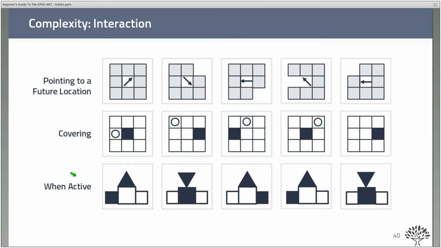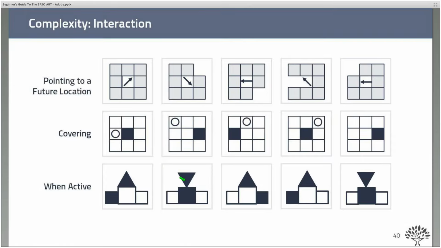And when active is another final interacting rule that I want to discuss. So here we have a simple sequence where this black square moves from the left to the right and then resets back to the left. However, every time it moves into the big black square, the triangle flips upside down. So when this condition is met, the big square is shaded black.